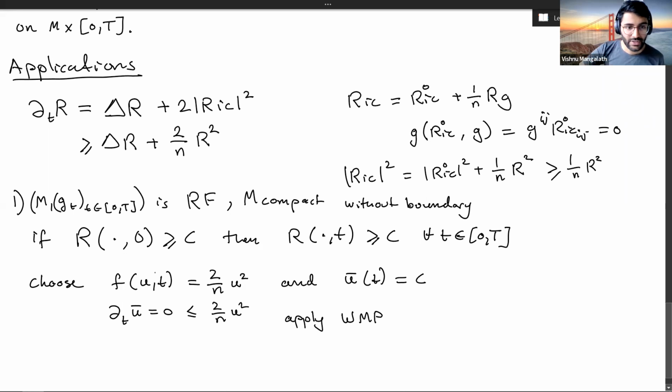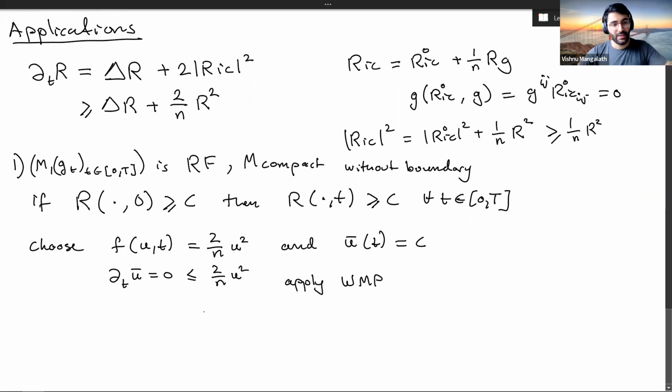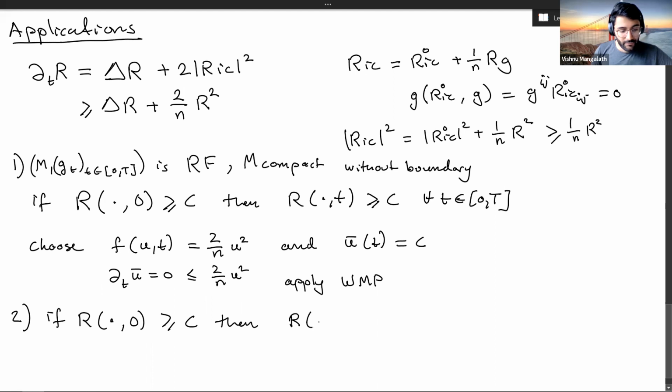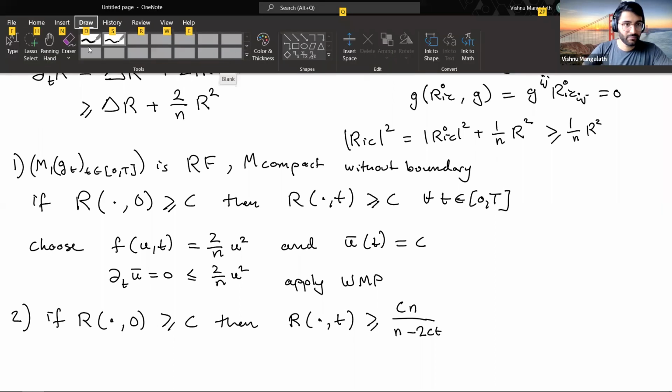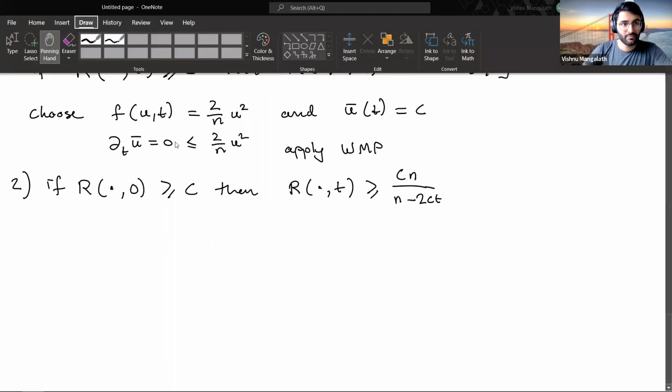So the scalar curvature is always going to increase, but that's a bit weak. You could have done a lot more, because I've just made this an inequality, but if I try to make it an equality, I'll get something stronger. So let's do that. Same situation: if R is greater than or equal to c as before, then R at time t is going to be greater than or equal to cn/(n-2ct).